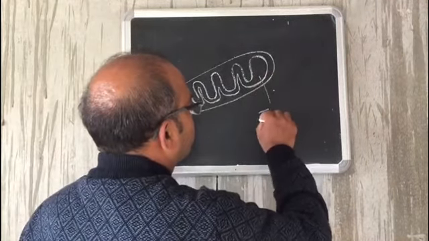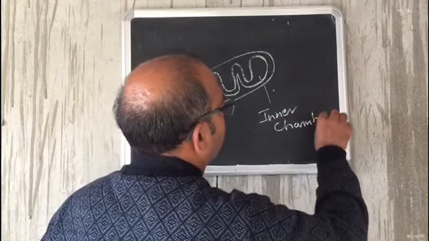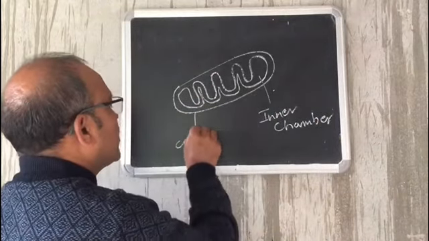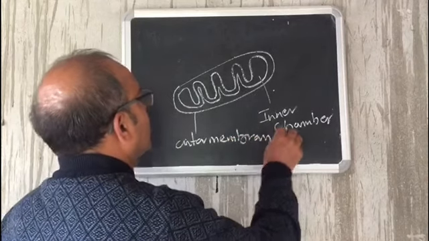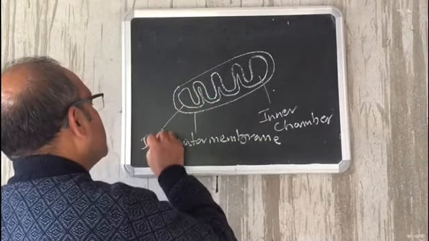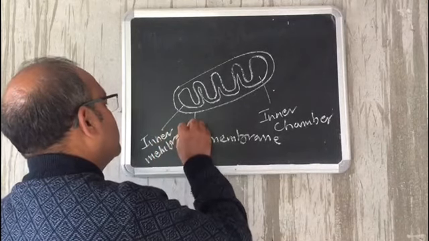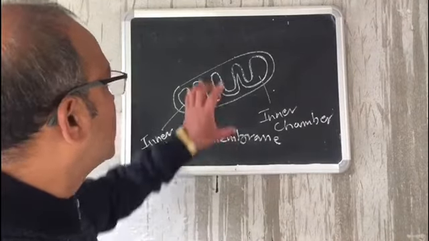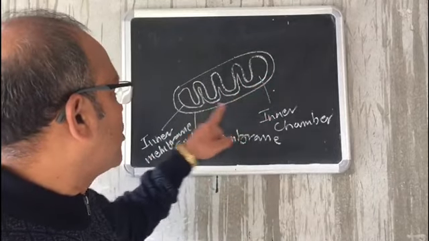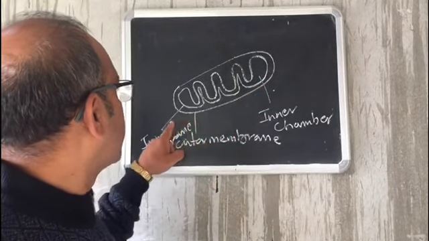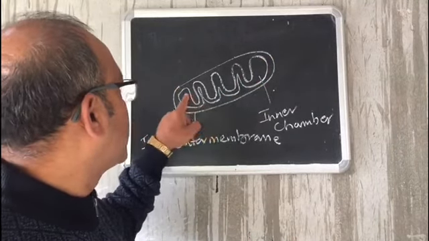So mitochondria is a rod-shaped structure surrounded by double membrane, the outer membrane and the inner membrane, and both of them have small chambers, the outer chamber and the inner chamber.